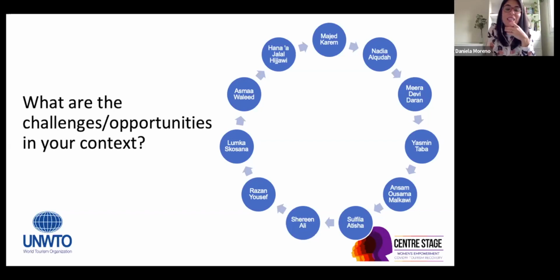Yeah, that is a very good comment, because we have to face two kinds of situations when we want to integrate gender equality in tourism. For example, taking into account financial instruments. Sometimes we find a wide range of financial instruments that are not focused on tourism.